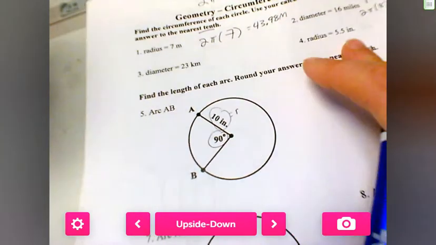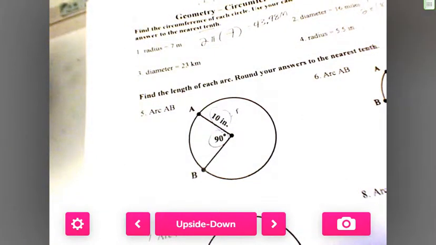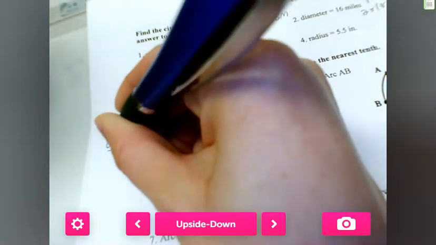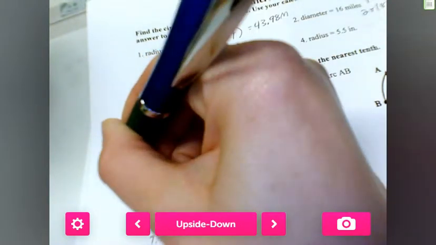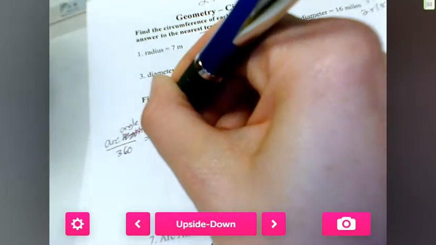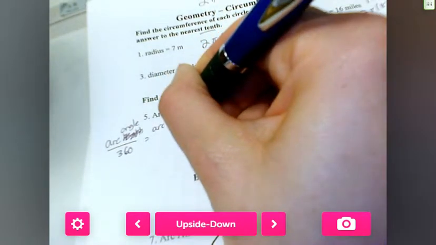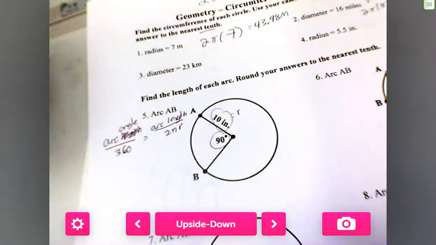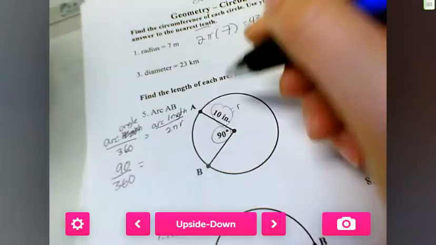So remember, I'm using the equation that you just did in your book, where it's arc angle over 360 equals arc length over 2 pi r. So I'm just replacing all this. My arc angle is 90, so I'm going to go 90 over 360 equals, I don't know my arc length.